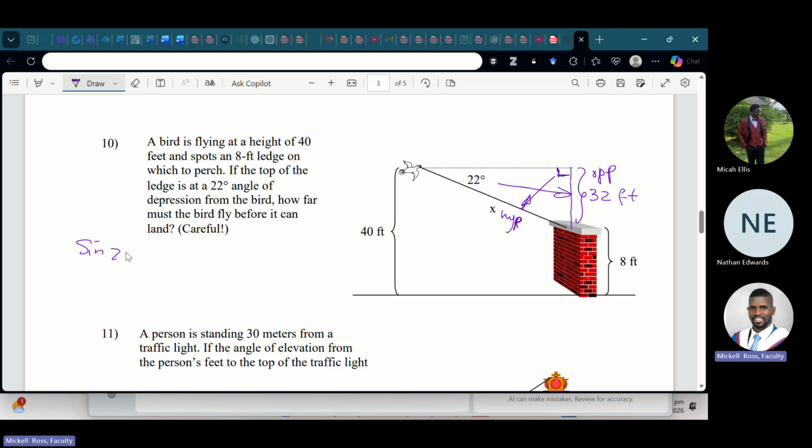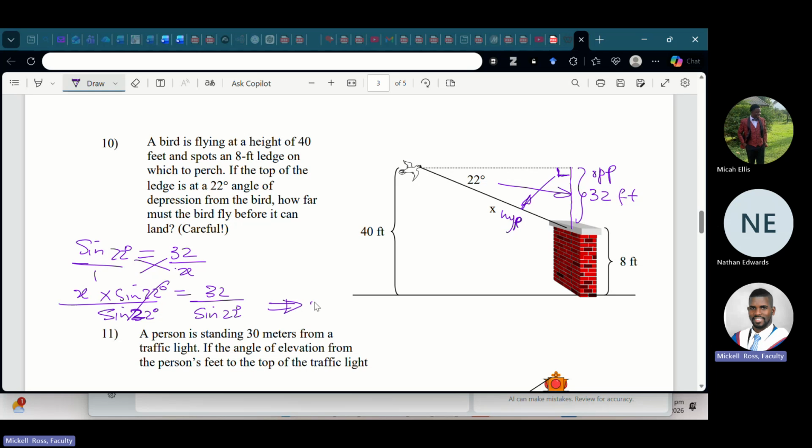So sine of the angle, which is 22 degrees, is going to be equal to the opposite side over the hypotenuse. So x times sine 22 degrees is equal to 32. I'm solving for x, so I need to divide by sine 22.